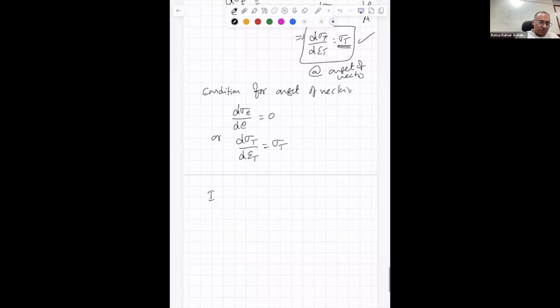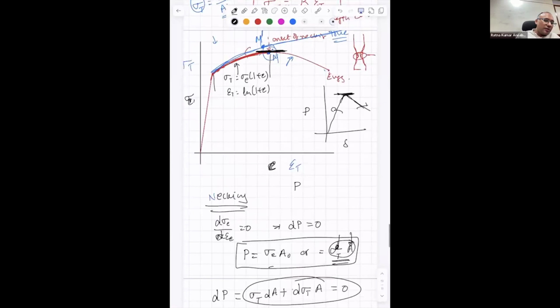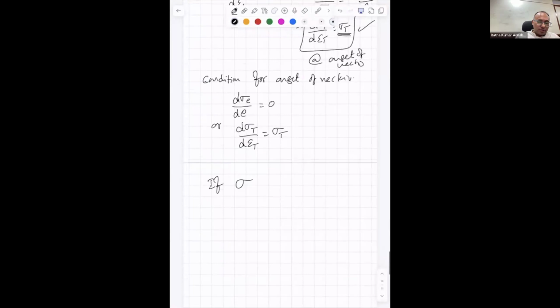Now, if the power law is representing the response until the onset of necking, σT is equal to k εT to the power n, then I can write dσT/dεT is equal to k n εT to the power n minus 1.